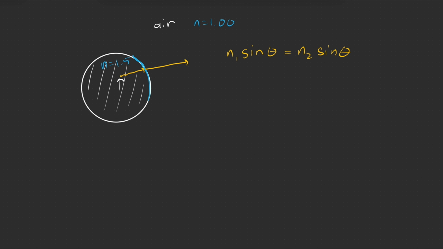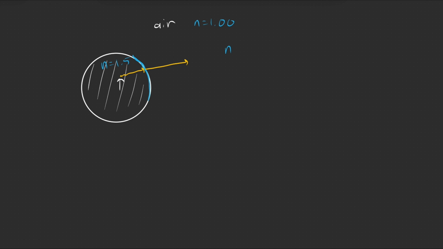But this is for flat refracting surfaces. So what they did was they wanted to make this whole problem simpler, so they did a bunch of geometry and algebra, and they made this equation more consistent for spherical surfaces, and this equation is as follows.